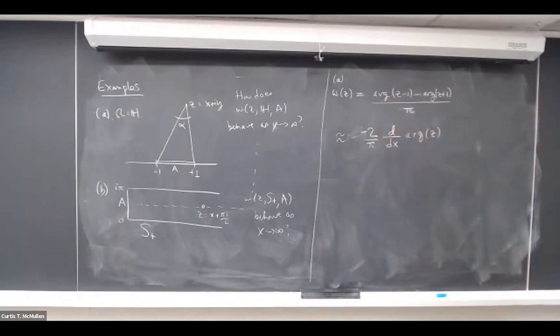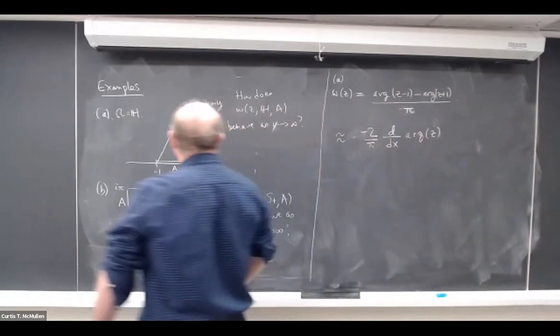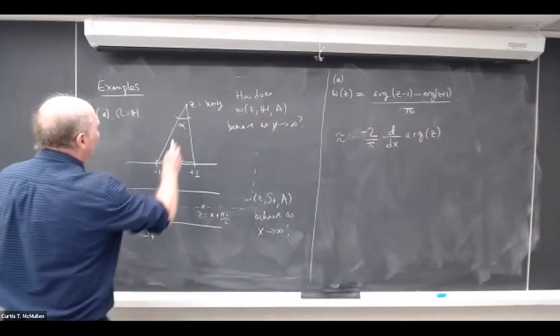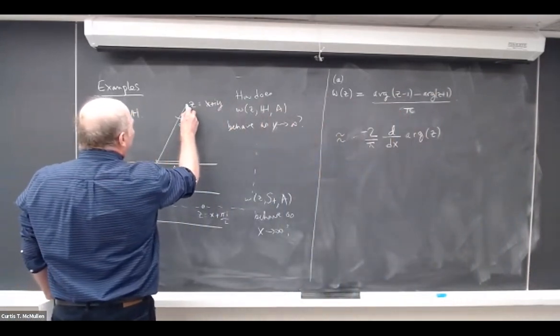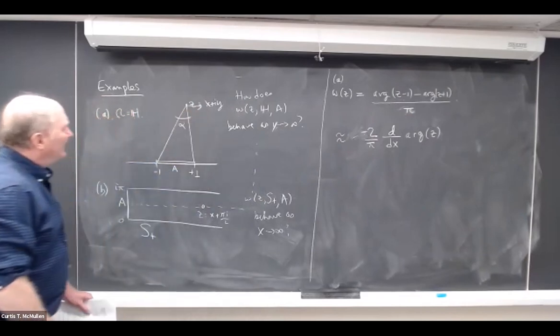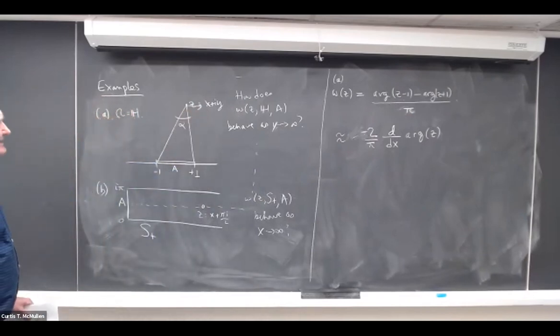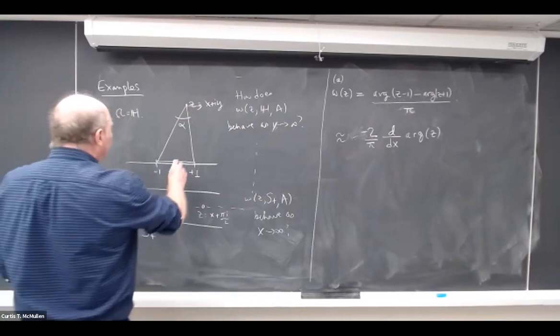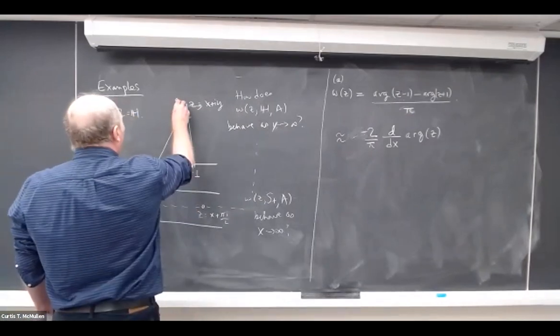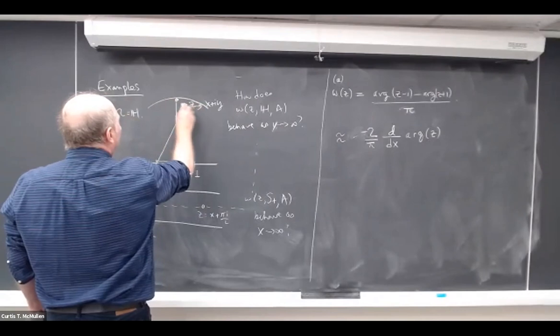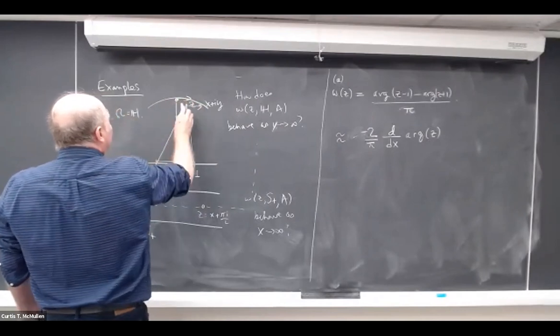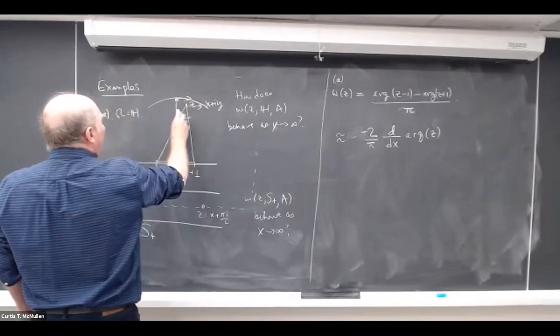And now this is something we can evaluate directly. If you take z and move it over a little bit, how fast does its argument change? Let's do the special case where z is on the y-axis, on the imaginary axis.